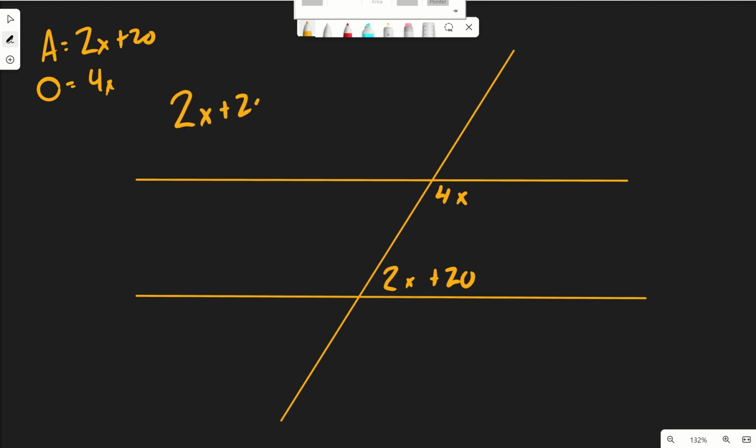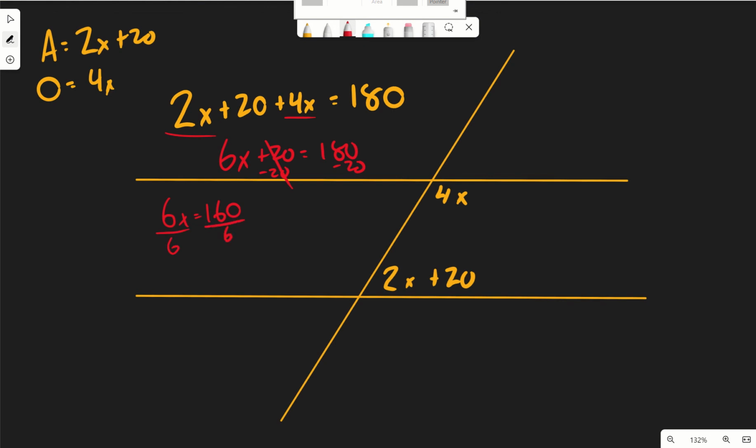So I know that 2x plus 20 plus 4x equals 180. And now I can combine like terms. If I have 2 x's and I have 4 more x's, I have 6x plus 20 equals 180. Minus 20, minus 20. 6x equals 160.